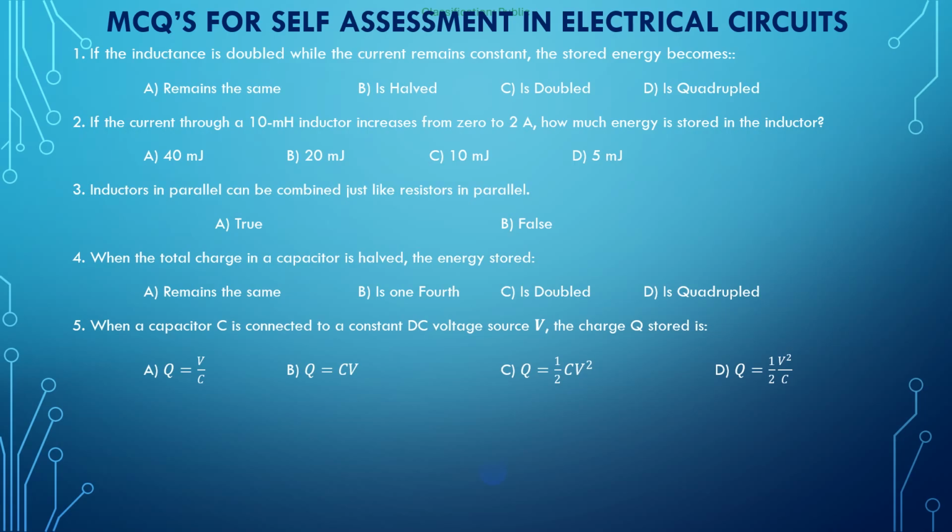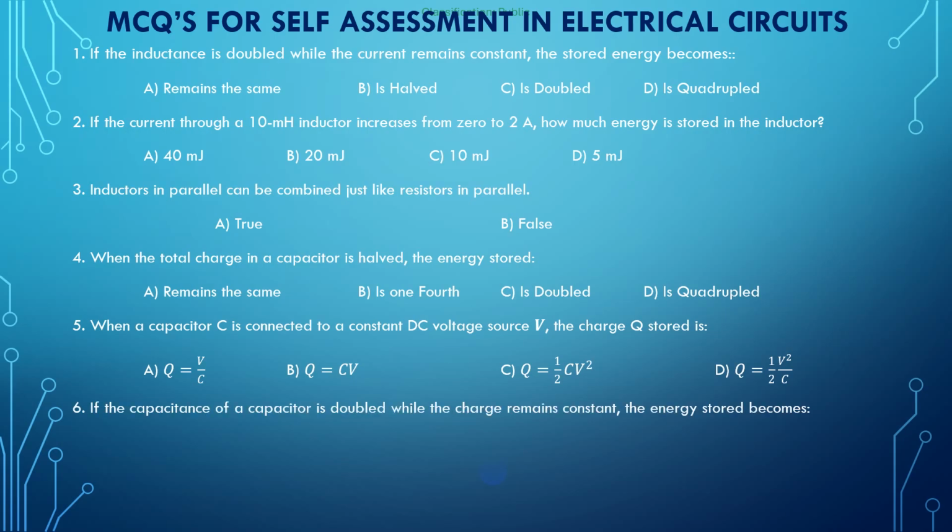So when the capacitor C is connected to a constant DC voltage source V, the charge Q stored is generally C and V. So this is the equation directly. If you ask energy, then we can rearrange it, but directly we have Q is equal to CV.